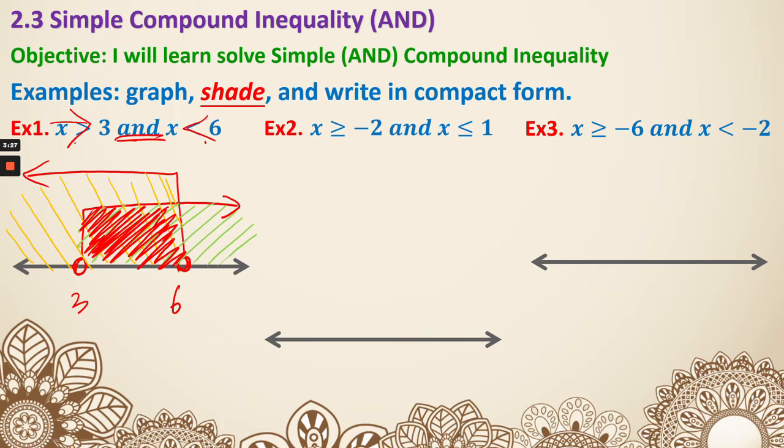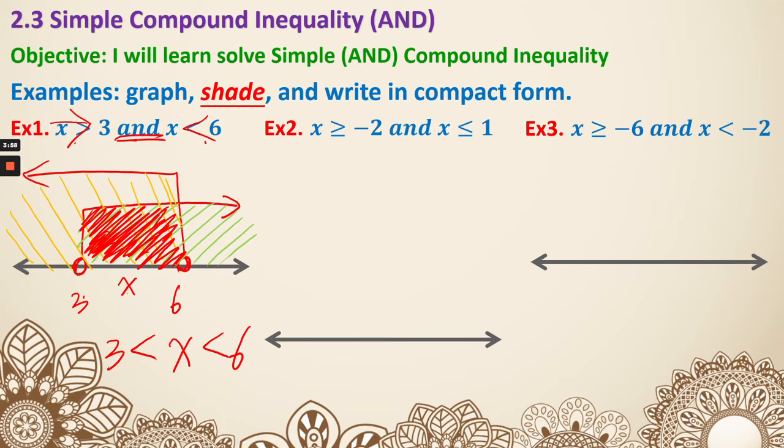Now I need to write in compact form. Smaller number, which is 3, on the left, greater number, which is 6, on the right. This middle part, the part that we shaded, is basically our x, because that's our variable and that's what we're solving for. So x is still in the middle. And if you just look at the number line, because the number line gets bigger to the right, that means 3 got bigger to x, then got bigger to 6. That means 3 is less than x, which is less than 6. And that is a compact form.